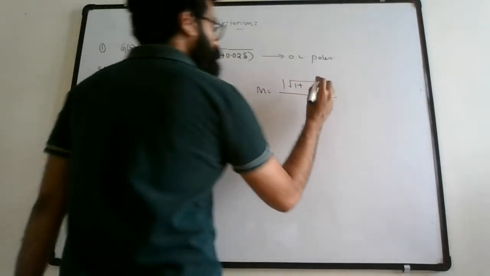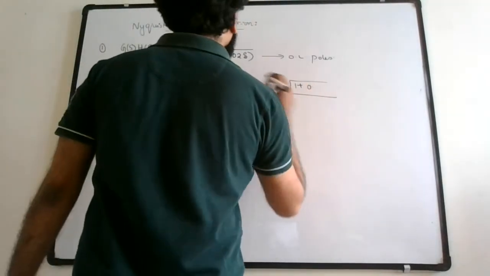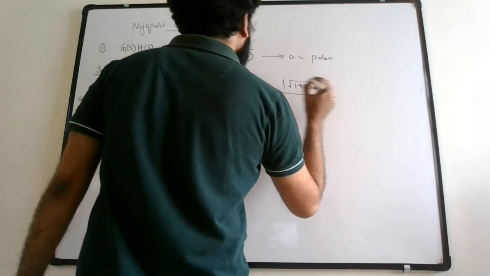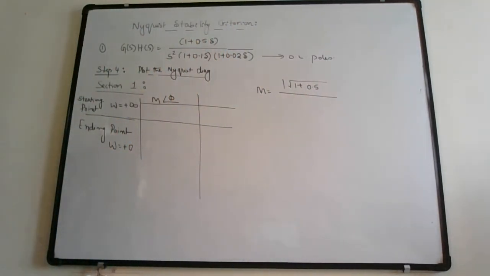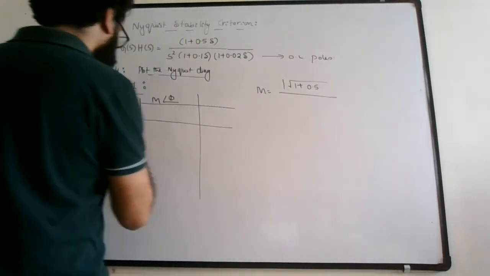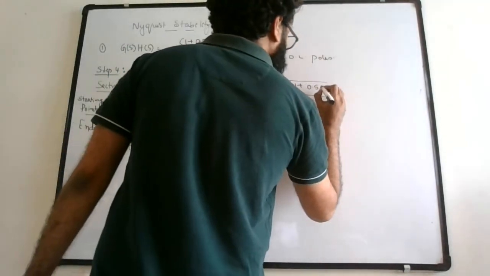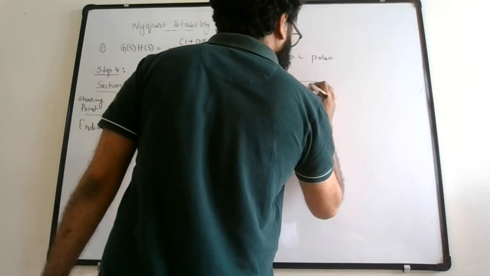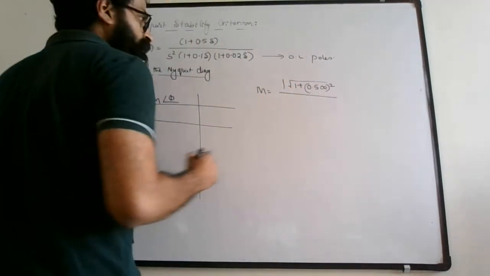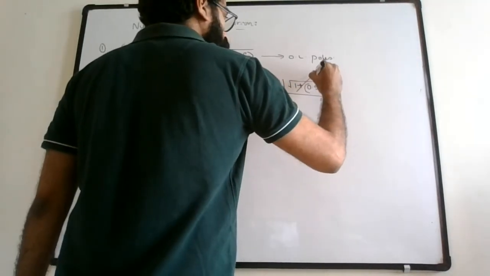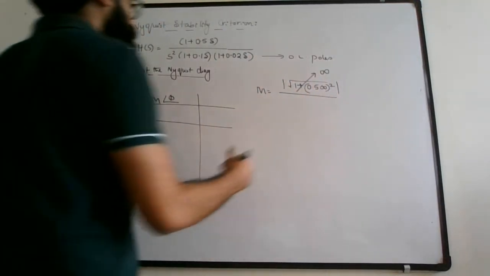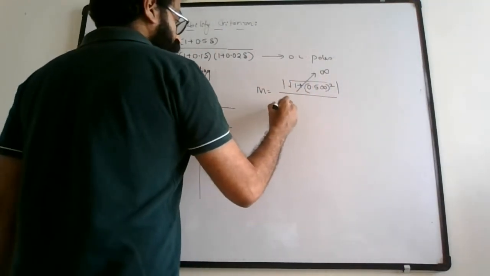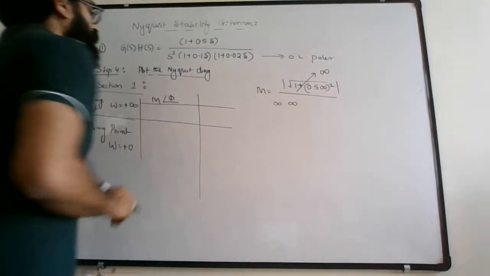So y is going to be 0.5, and what is x? x is omega, right? And omega you are putting as infinity, so basically it is whole square. So this whole product you will get as infinite. Similarly, in the denominator, you will have infinity into infinity, right?